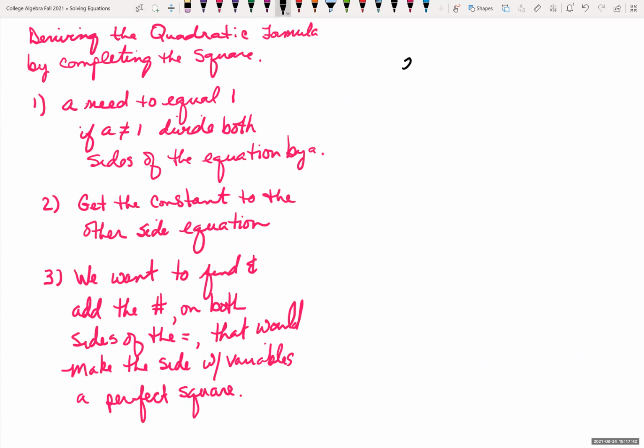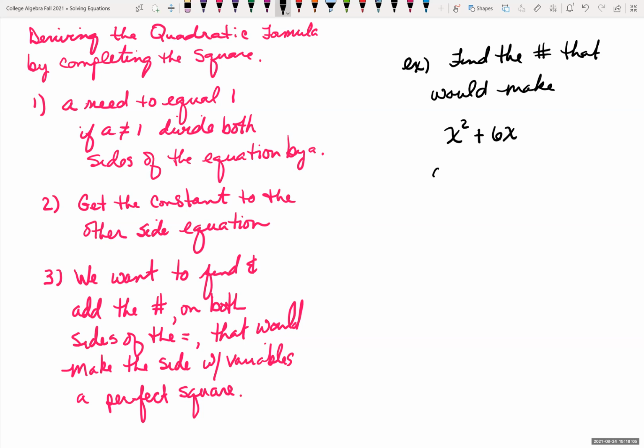So let's say we want to find the number that would make, how about x squared plus 6x, a perfect square.